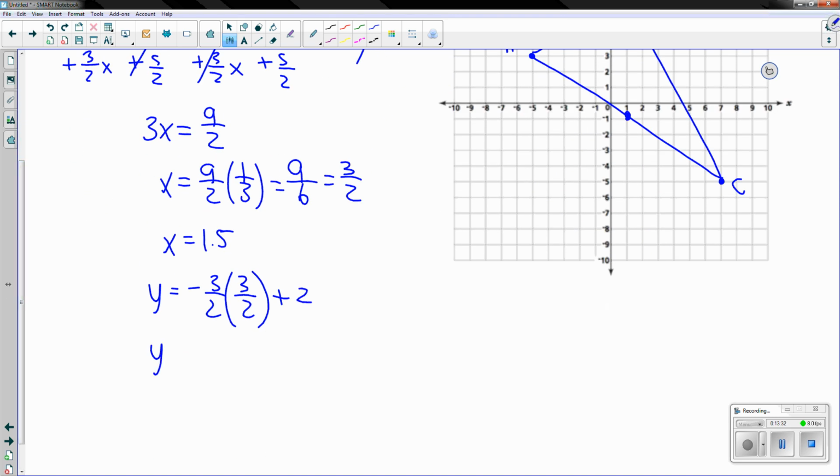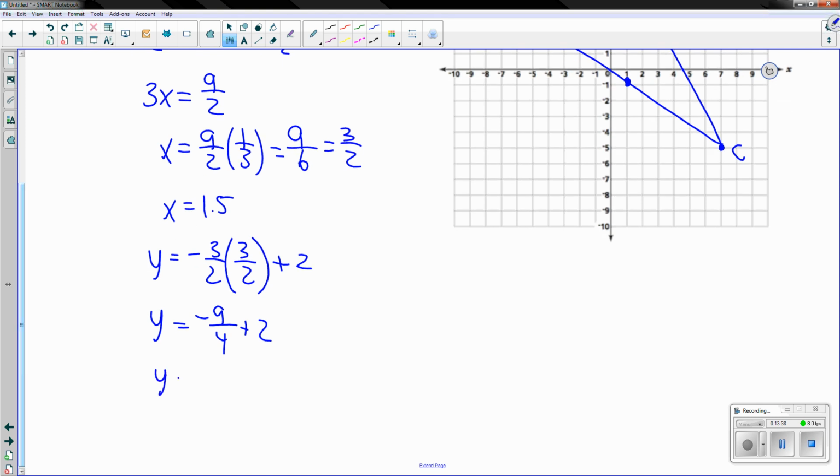So then y is equal to -9/4 plus 2. To add these common denominators, we get -9 over 4 plus 8 over 4, which is -1/4. So our x is 1.5, and our y is -0.25.